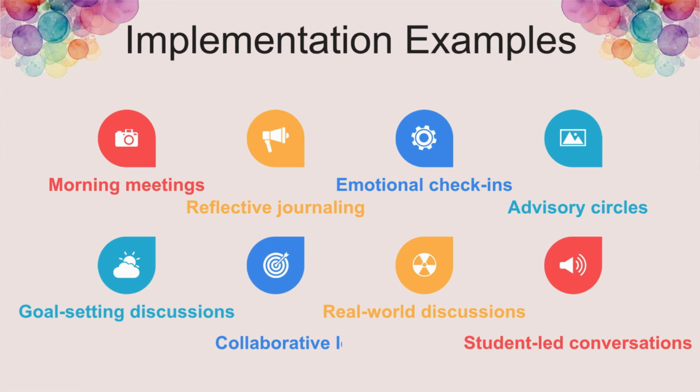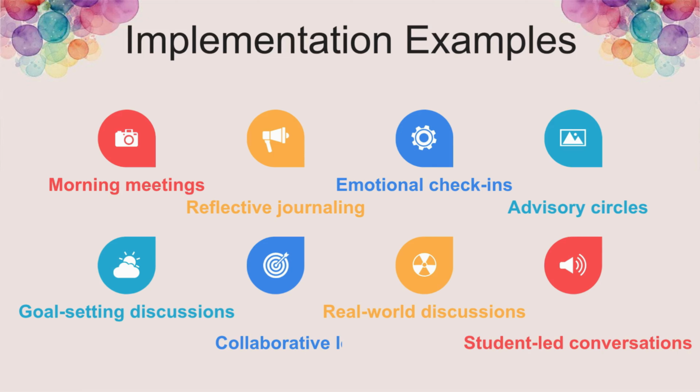Okay, so we have morning meetings, goal setting discussions, collaborative learning, reflective journaling, emotional check-ins, real world discussions, advisory circles, student-led conversations. Any one of these or any combination of these can foster that authenticity, because now you're having human to human dialogue in regards to the teacher-student relationship or the teacher-class relationship.